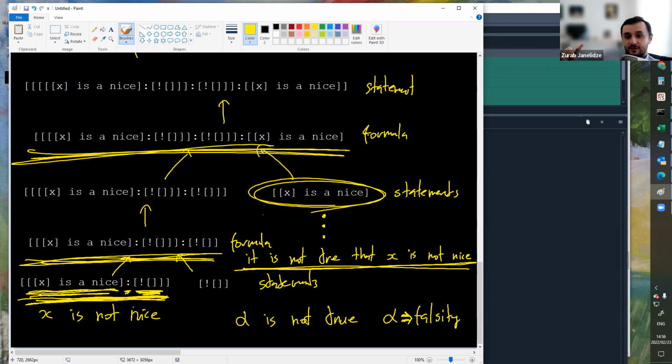If I negate something twice, it means that I'm claiming it's true. And this is not something to be taken for granted. It's one of the axioms of logic. There is a lot of mathematics that can be done without this axiom. There are many names that refer to this principle. One of them is law of excluded middle, for example.